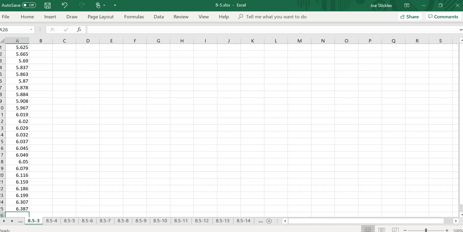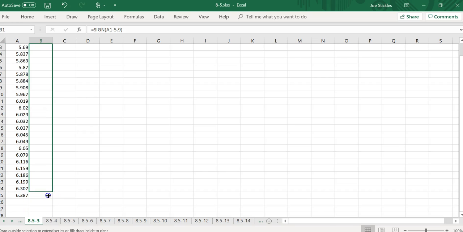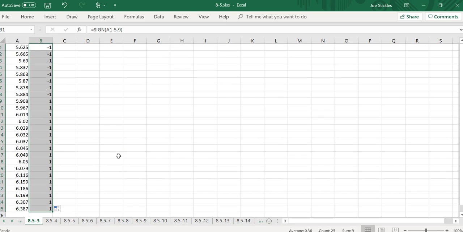This one, the sample's ordered, so it's pretty easy to count. But just to practice again with that sign function, I want to test whether each value is less than 5.9. We're going to use the sign function a little bit more importantly here in a minute when we do the next test. So it gives you a +1 if it's above the median, and a -1 if it's below the median.